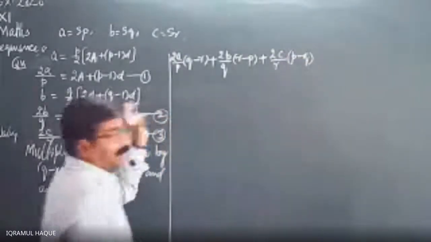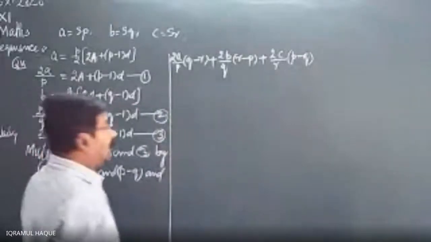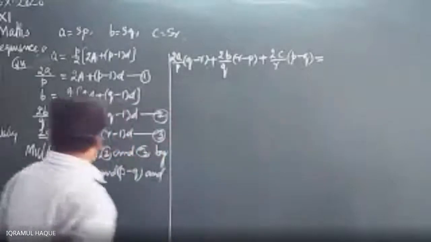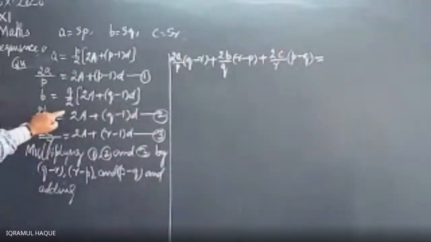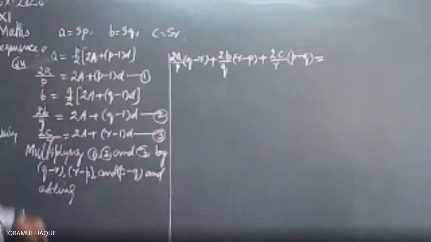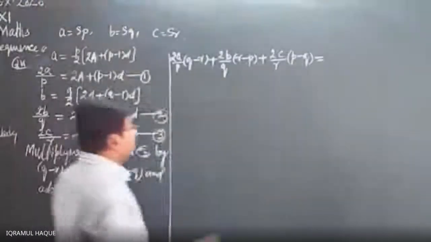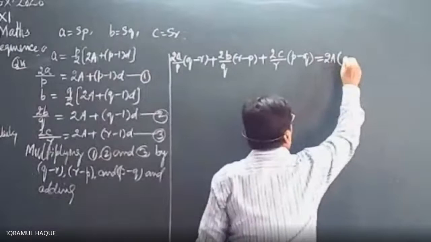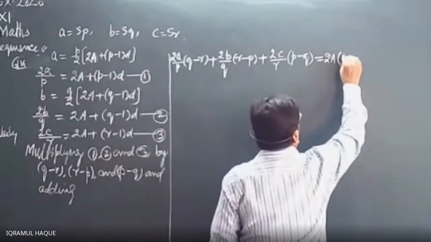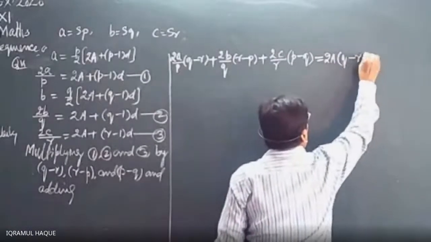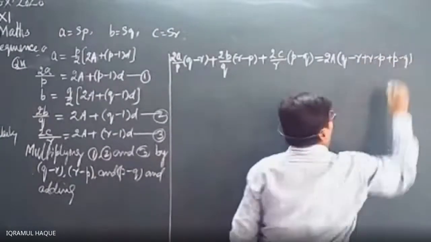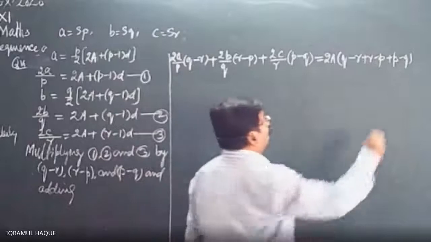Left side we have added after multiplying. Now we have to set right side. See, right side, in every equation we have 2A, 2A, 2A. So 2A is common. And what we have? q minus r plus r minus p plus p minus q. Multiplied.